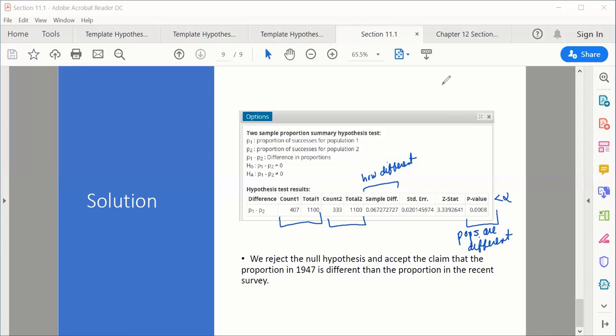So how do you say that this one with the 0.0008 is different? The p-value is less than alpha. It's always when the p-value is less than alpha. If the p-value is less than alpha, we reject the null hypothesis.